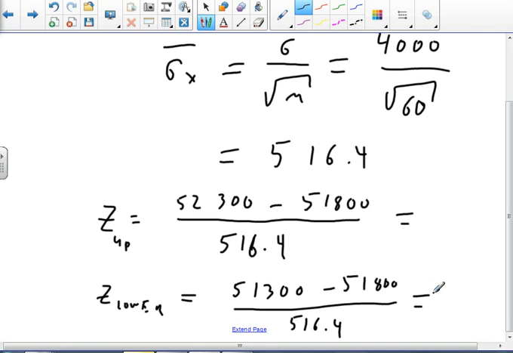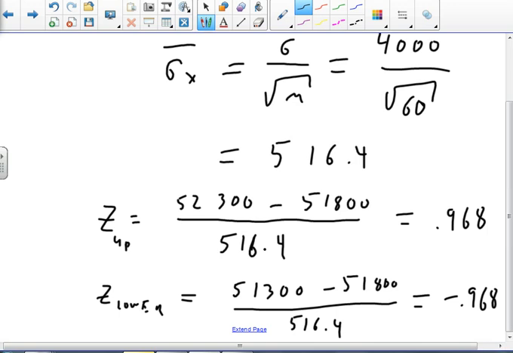So 500 divided by 516.4 equals 0.968, and minus 0.968. The upper one is 52,300. The lower one is 51,300.